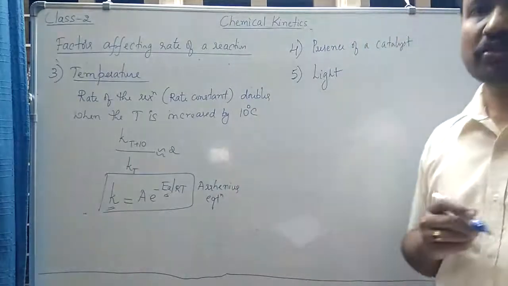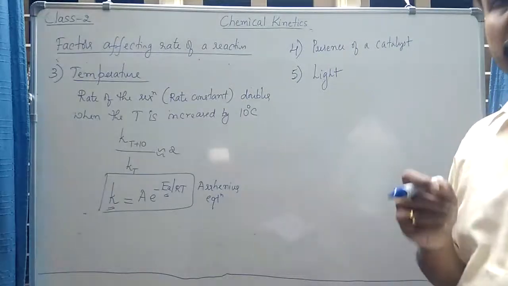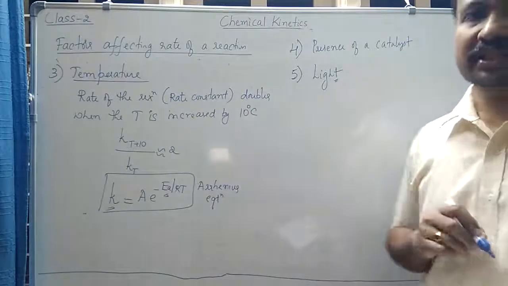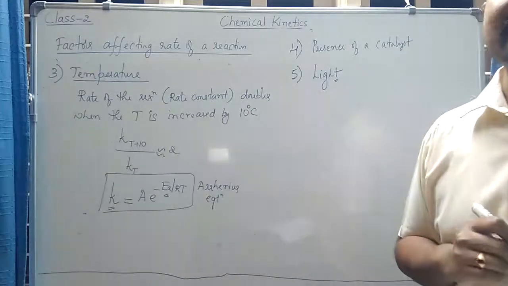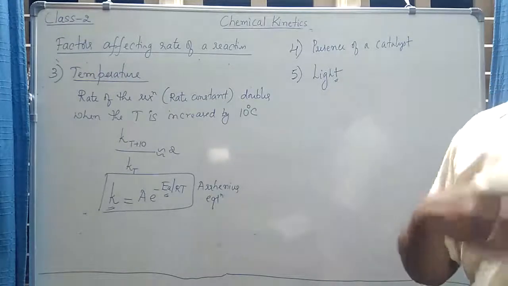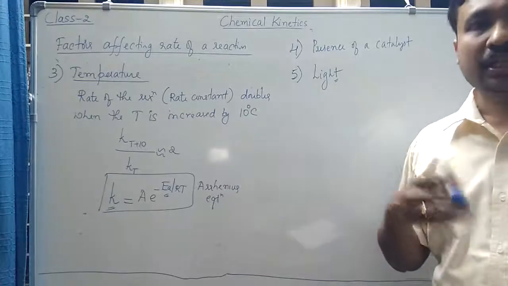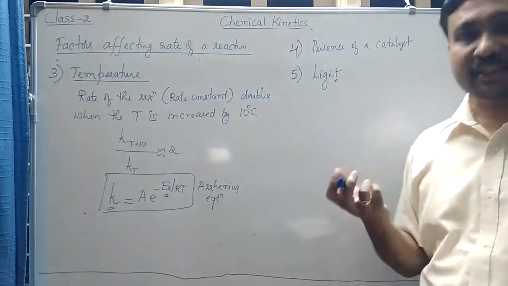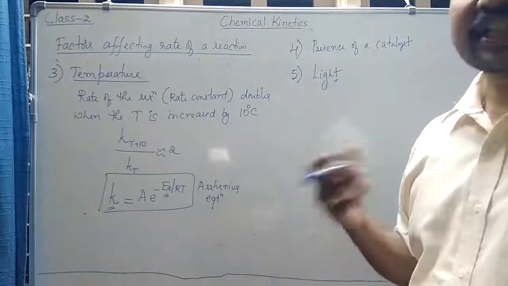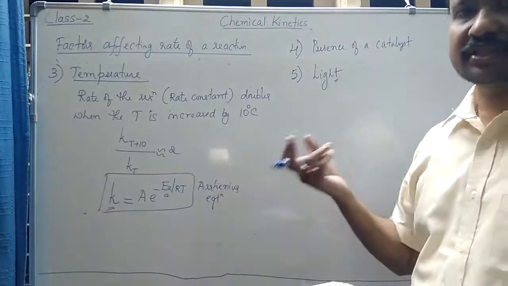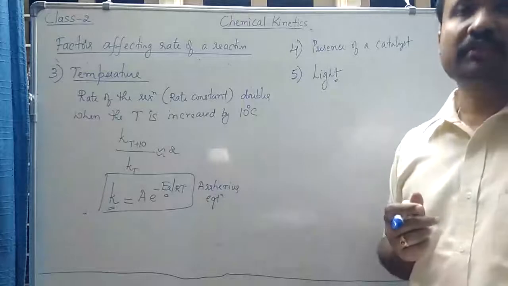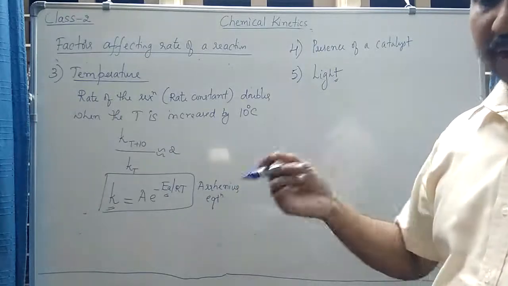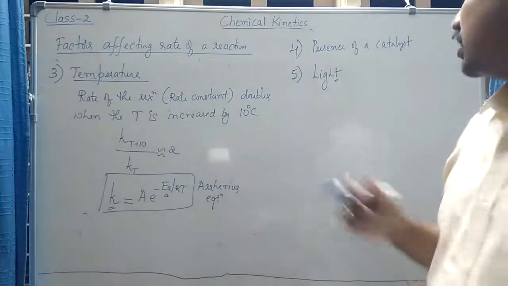Light is also a form of energy, and if the molecules involved in the reaction are sensitive to this light, that is, they are capable of absorbing it, then upon absorption of light the energy of the molecule increases, and as the energy increases, they proceed with greater speed or velocity, which results in an increase in collision frequency, which is nothing but an increase in the rate of the chemical reaction.